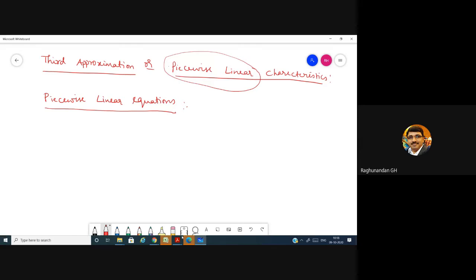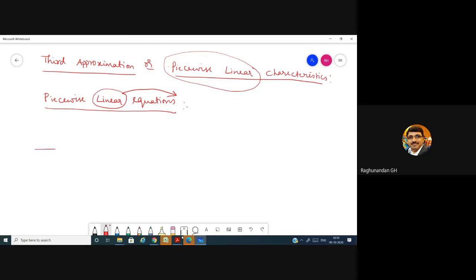That's why they gave the name piecewise linear characteristics. Also, the word linear is applicable here because the curve will be linearly increasing. So this name is very much suitable for this approximation.